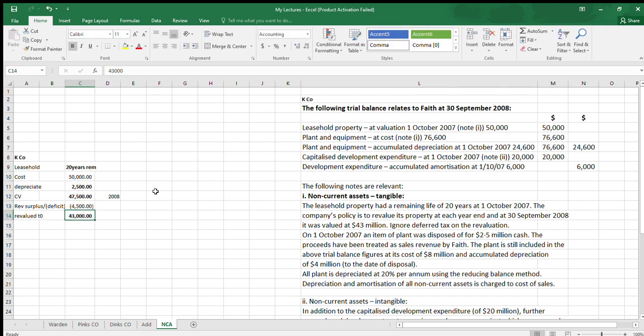So we have a revaluation deficit of 4,500. That's all you need to know about revaluation. First you bring your carrying value, then you bring revalued to, then the difference becomes your revaluation surplus or deficit. That's all. So we are done with the leasehold.